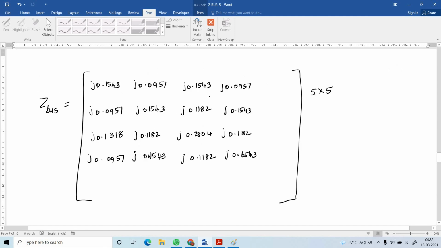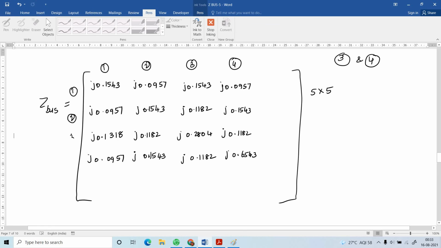Next, I am going to find out the last row element and the last column element for this matrix. See, the old buses 3 and 4 are connected together. So I am going to take the third column and fourth column elements only.